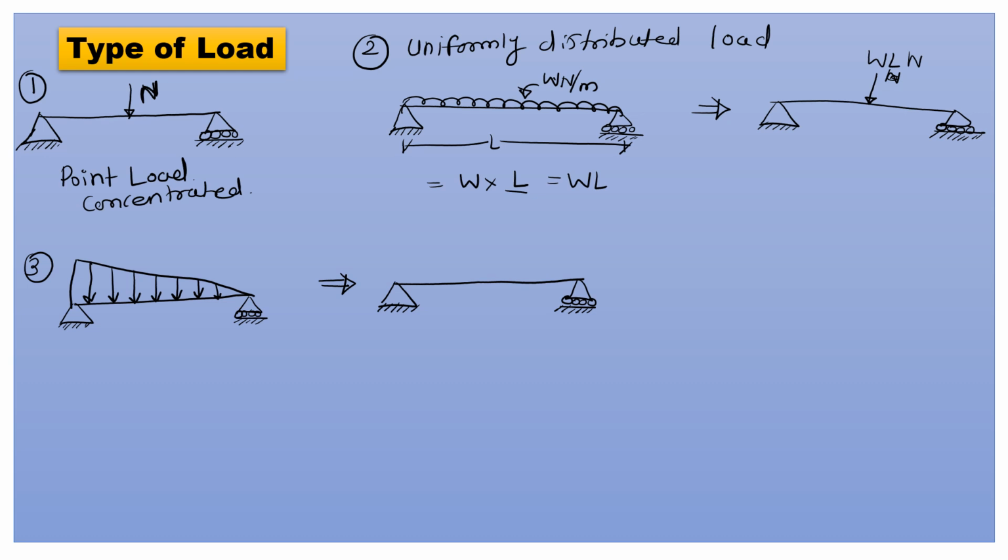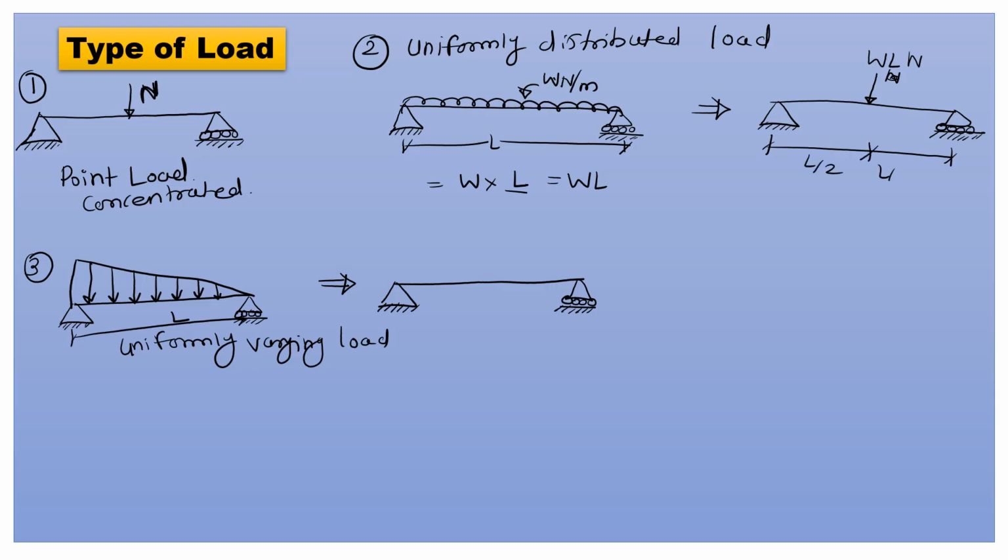Then next is the uniformly varying load. It is represented like a triangle over the length, and here we also need to convert this triangular loading into a point load. The uniformly distributed load's point load is always put at half of its length.